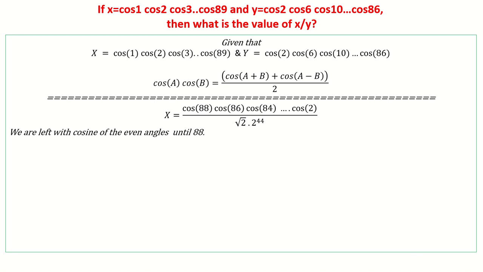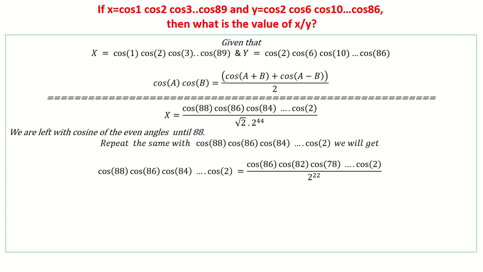So repeat the same basically. What will we get here? The numerator equal to cos 86 into cos 82. This time we will get a 4 difference in angle. And how many pairs are there? There are 44 cos angles, so we will get 22 pairs. So 2 power 22 in the denominator.